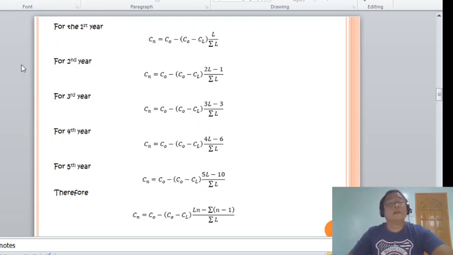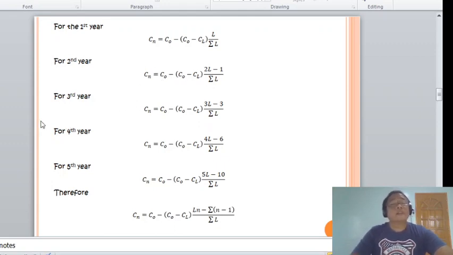Okay? So for the third year, Cn equals Co minus Cl. The multiplier is 3L minus 3 over summation of L. So take note, class, that the denominator is always summation of L. Also take note, the computation of summation of L is only L multiplied by L minus 1 over 2.